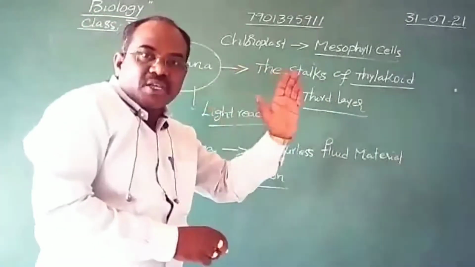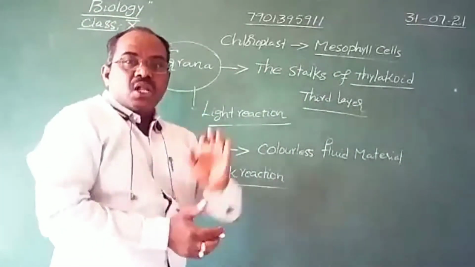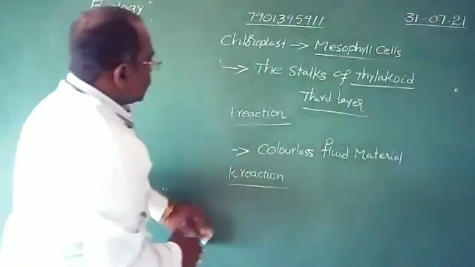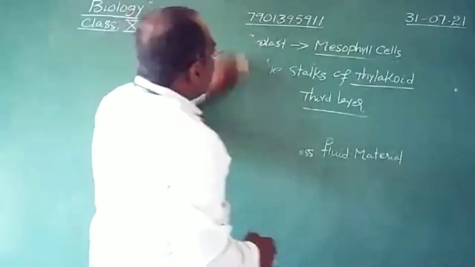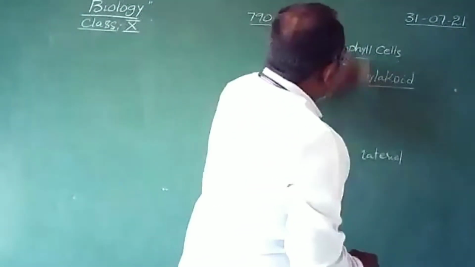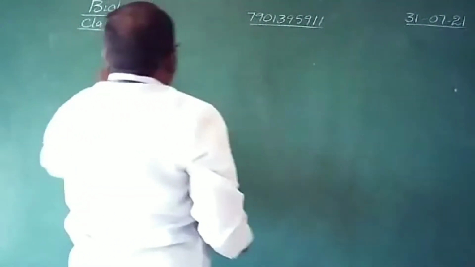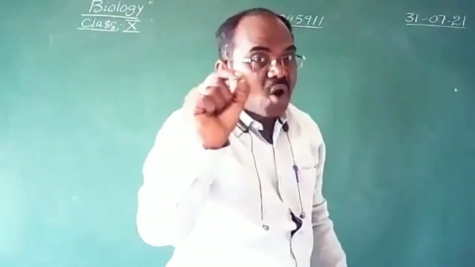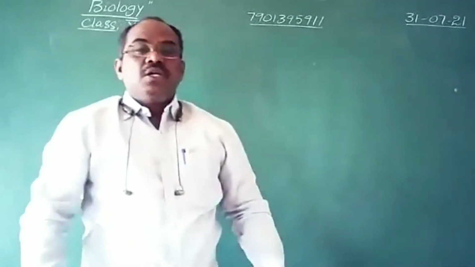Right? This was already explained in the previous class. Now, a series of photosynthesis steps takes place mainly in the chloroplast. Chloroplast is one of the factors of photosynthesis.